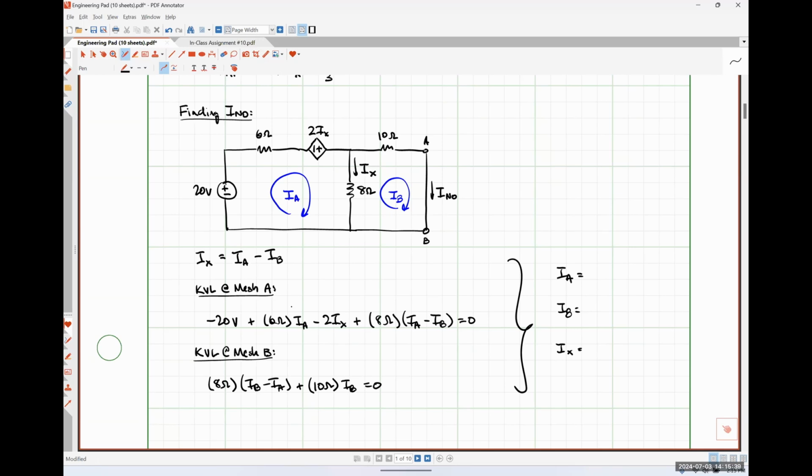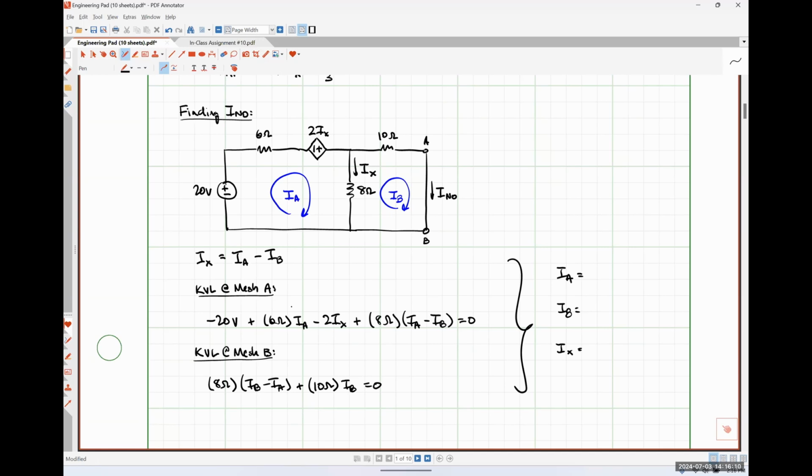In my second equation, my coefficient for IA is 6 plus 8, my coefficient for IB is -8, my coefficient for IX is -2, and my constant term is 20. In my third equation, my coefficient for IA is -8, my coefficient for IB is 8 plus 10, my coefficient for IX is 0, and my constant term is 0.